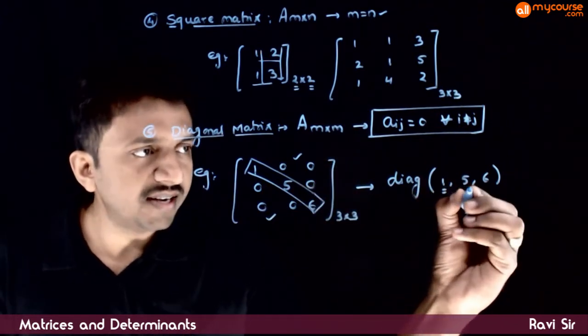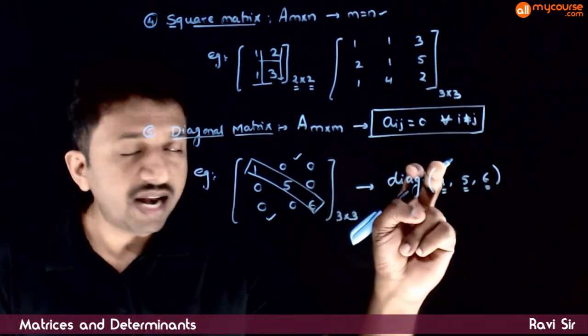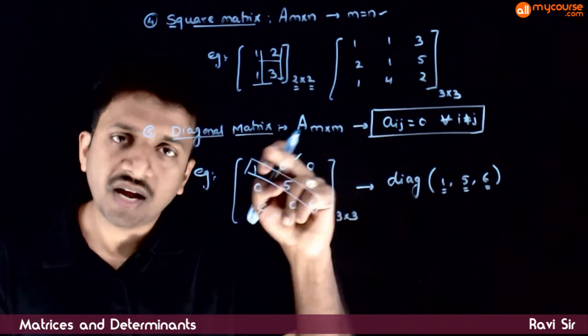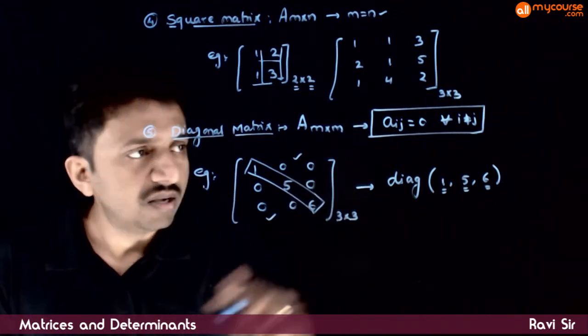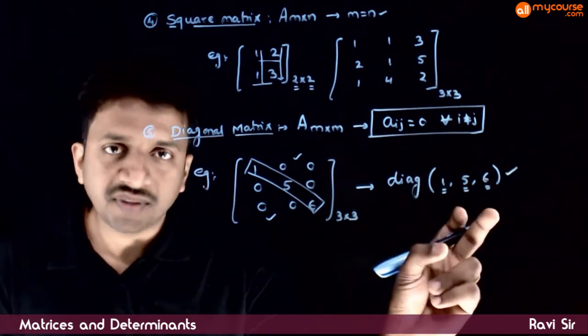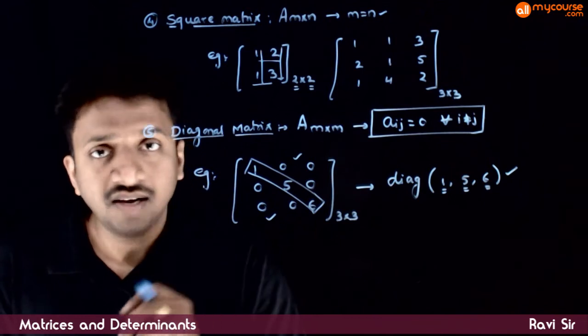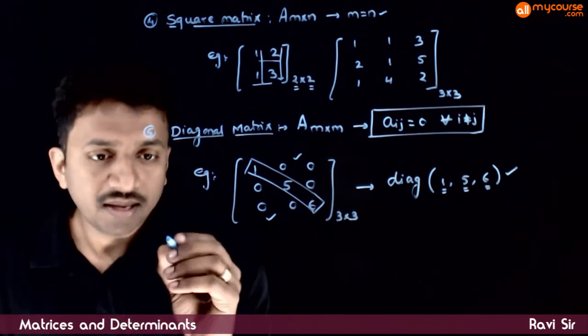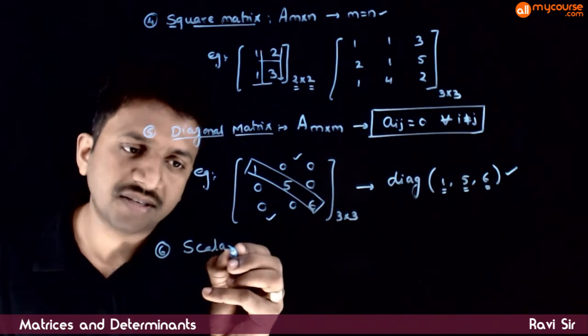If there are 3 diagonal elements, we understand that it is a 3 by 3 matrix, and these are the 3 diagonal elements, and all the remaining elements are zeros. So whenever you see diag something, you need to understand that we are talking about a diagonal matrix. Next, you have something called a scalar matrix.